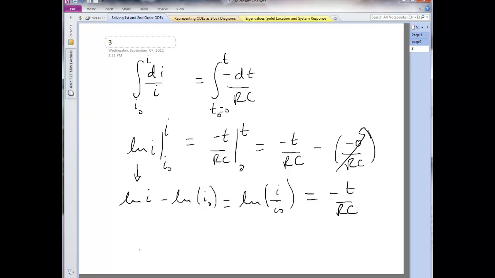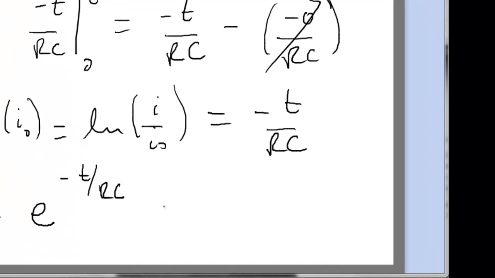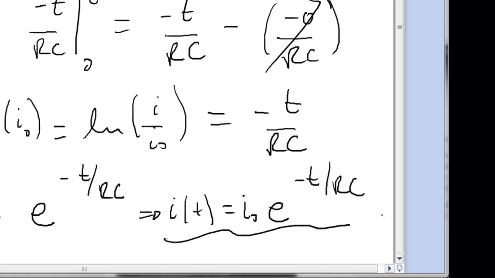Take the exponential of both sides, and I end up with then that I over I naught is equal to the exponential of minus t over RC. And I can then write that I of t is just I naught times the exponential of minus t over RC. So there's our nice little solution.